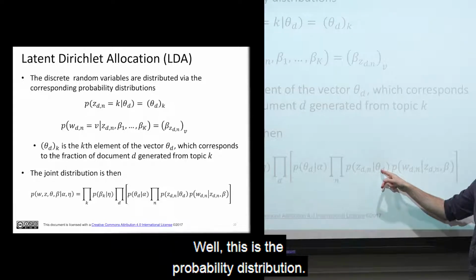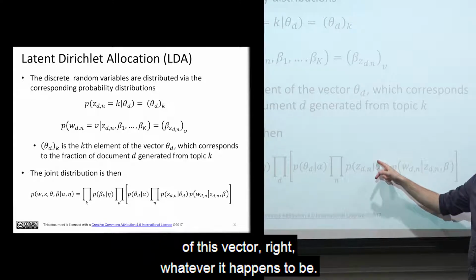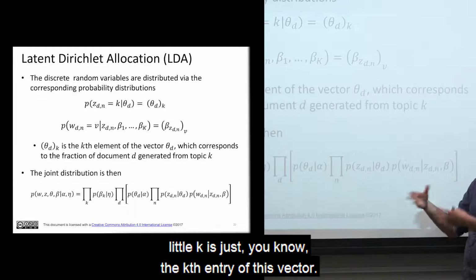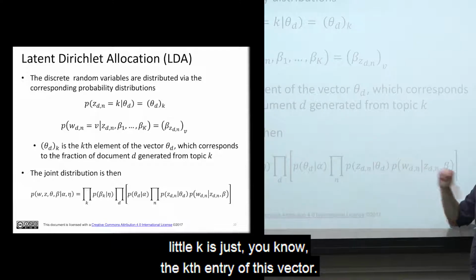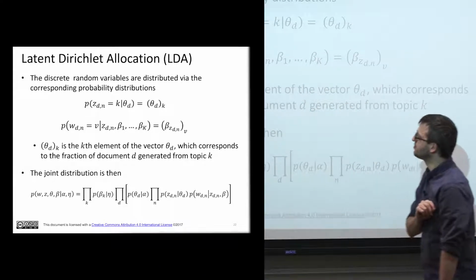Well, this is the probability distribution. So the probability that z_dn equals 1 is just the first entry of this vector, whatever it happens to be. The probability that z_dn is equal to little k is just the kth entry of this vector. And that's what I'm notating up here.